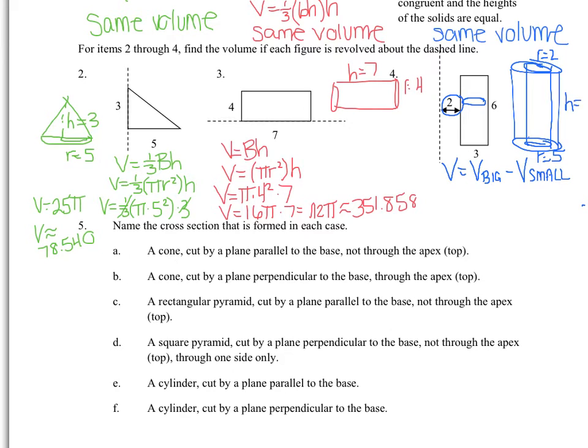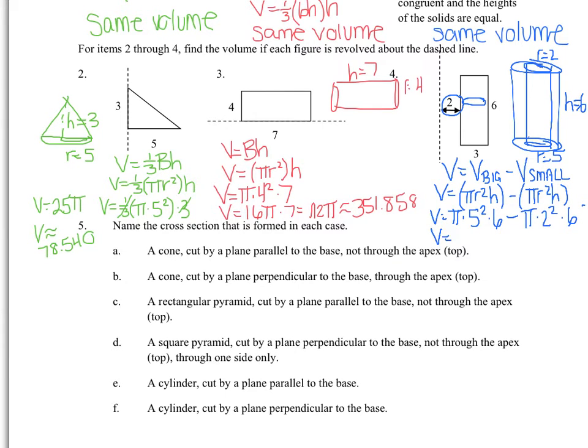Both of them are going to have a height of 6. So my volume is going to be volume of a cylinder, which is pi r squared h, minus pi r squared h. And so we're going to have pi times my radius, which is 5, squared times my height of 6, minus pi times my radius of 2 squared times 6.